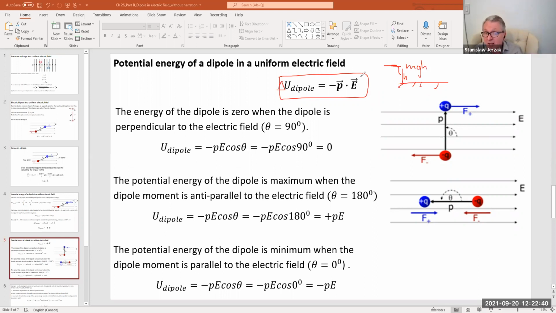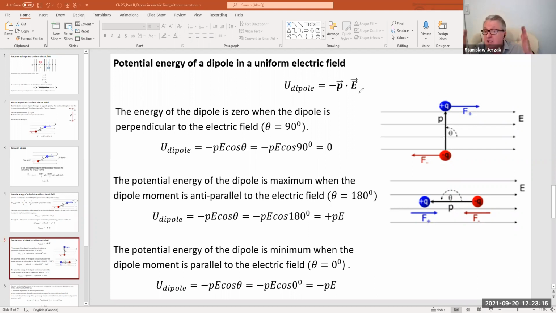But when we calculate the energy of the dipole, it is convenient to calculate energy relative to the orientation of the dipole when it is perpendicular to the electric field. So when I write this expression, U equals negative P E cos theta, this is really the energy of the dipole relative to the energy when the dipole is perpendicular to the field. And that energy, according to this expression, is 0.